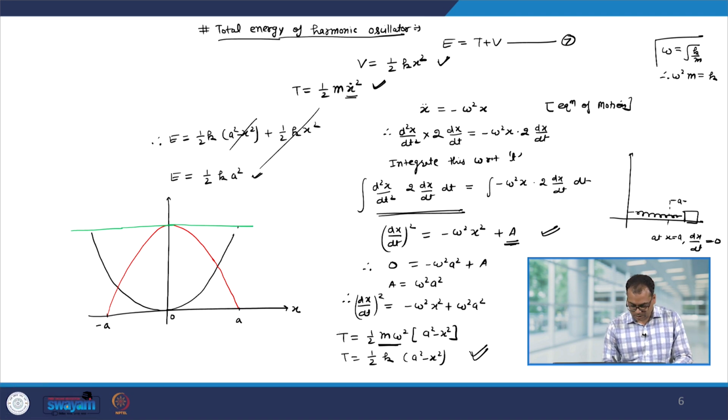Okay. So, this is the potential energy V. Okay. This is the kinetic energy T. And this is total energy E.